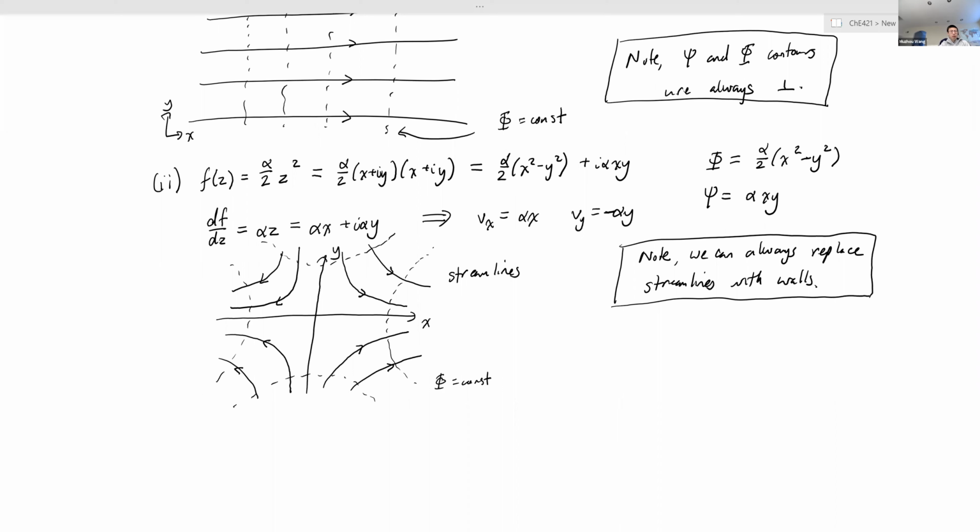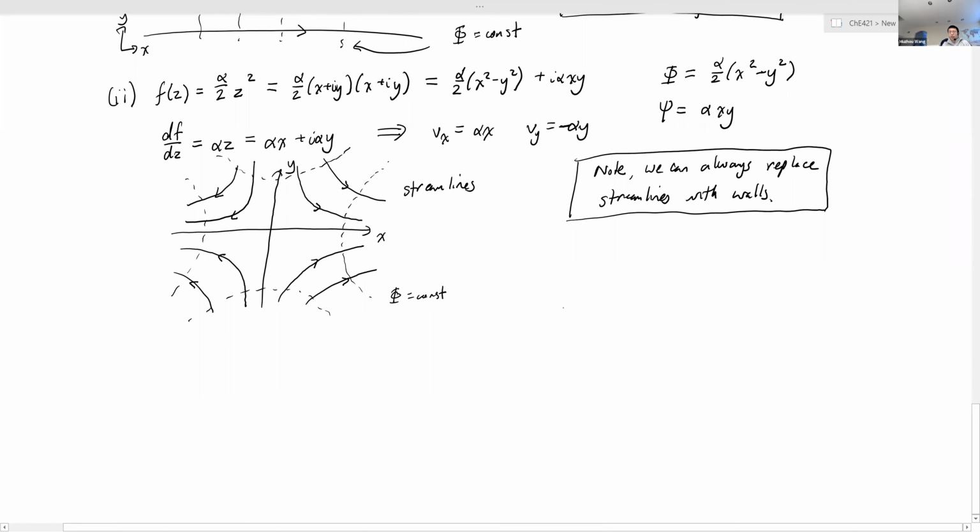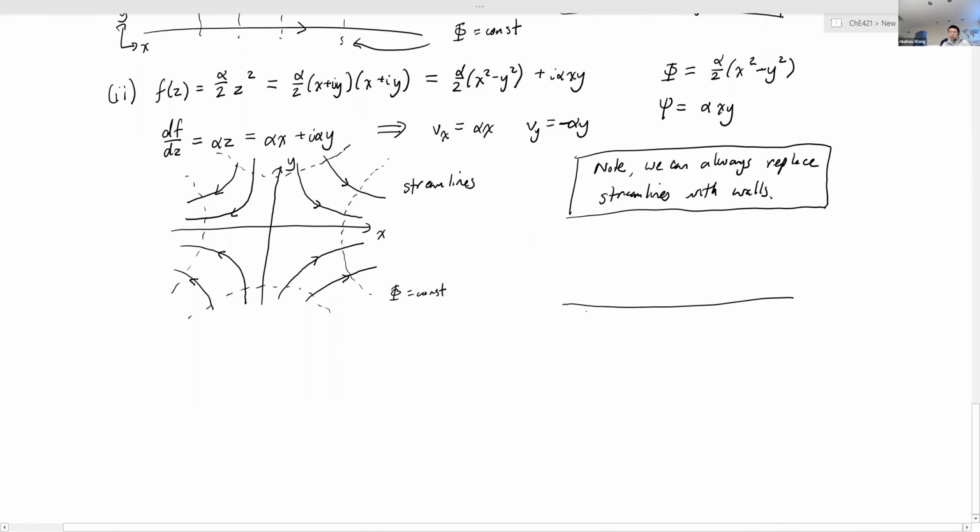And so what I mean when I say that is, if we wanted to figure out what the flow profile looks like when, let's say, a fluid goes into a wall, we've essentially done that already. This flow profile that we just solved for, this piece right here, is just the top half of this flow profile right here, right?